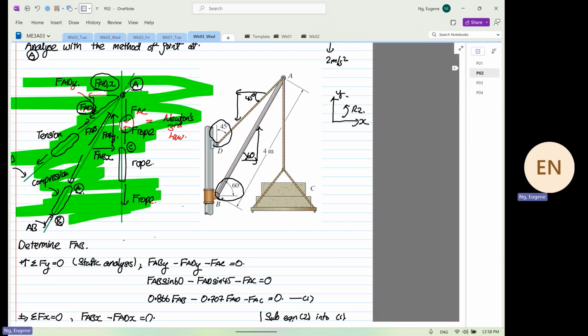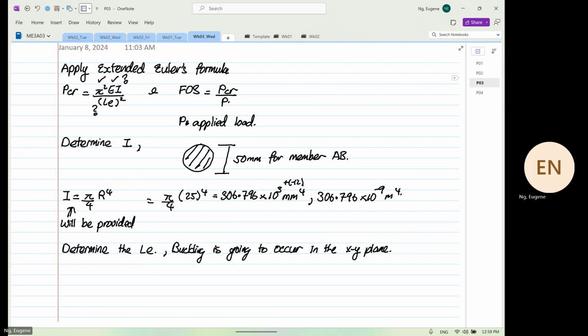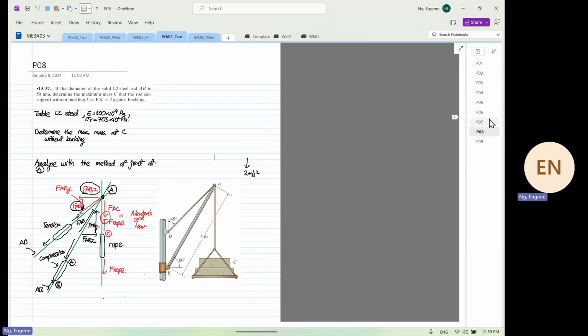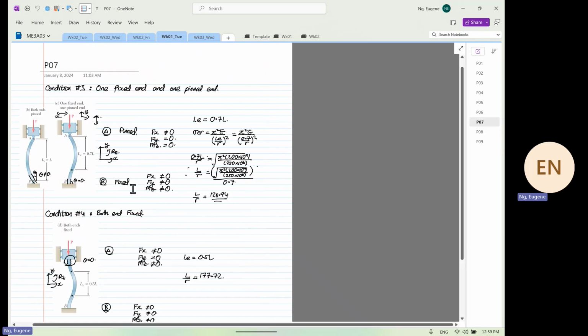So this is the plane that we're looking at, right? So this is the XY plane that we're viewing. So buckling will occur in this direction. So from here, we know both ends are pinned. So when both ends are pinned, going back to the previous lecture, this diagram will be given.